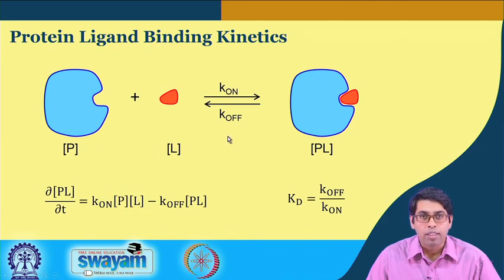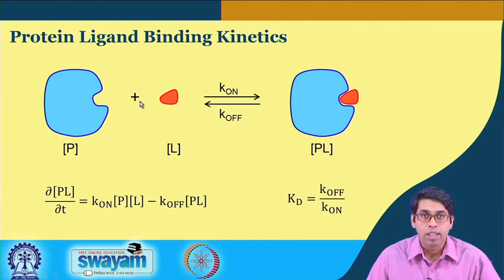For the same reaction, we can also get kinetic information. Notice that the kinetic rate constants are denoted in lowercase letters. So, k on is the forward reaction rate constant.